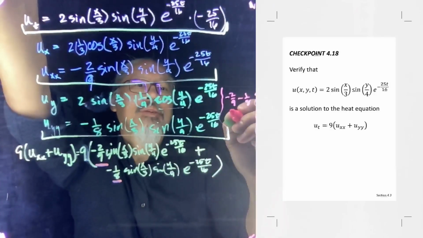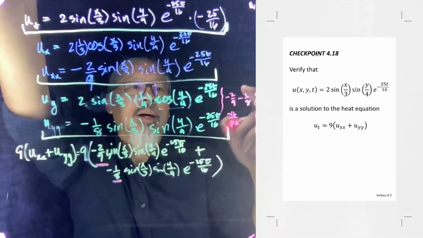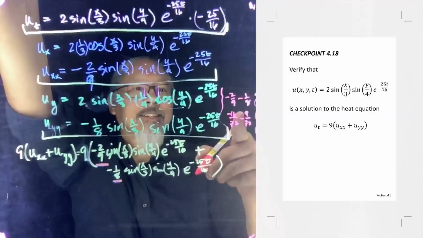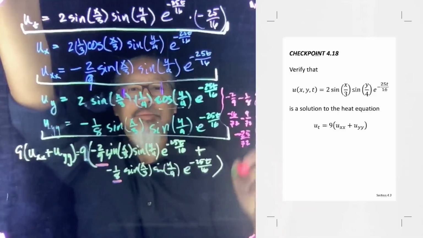So 8 times 2 is 16, negative 16 over 72, and 9 over 72. That would give us negative 25 over 72. Okay?